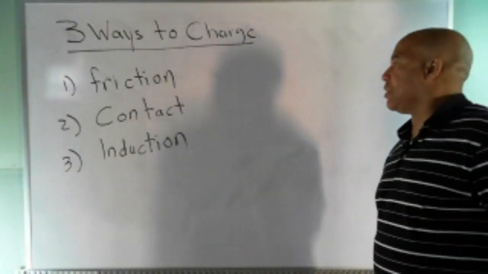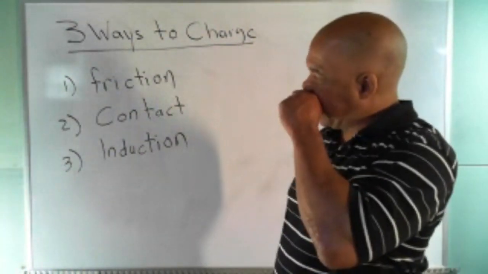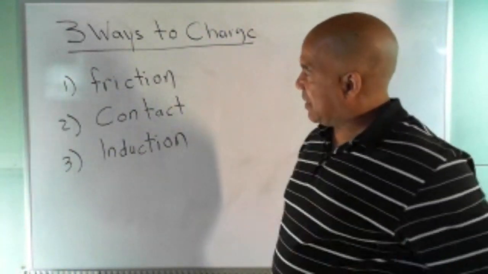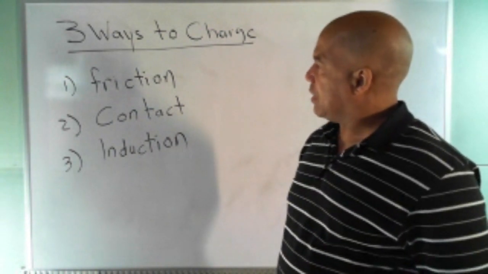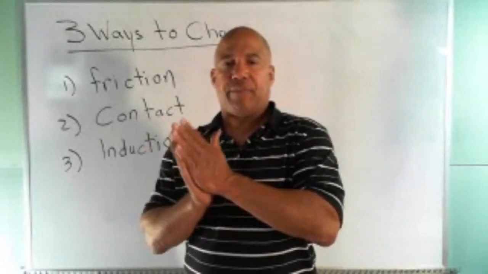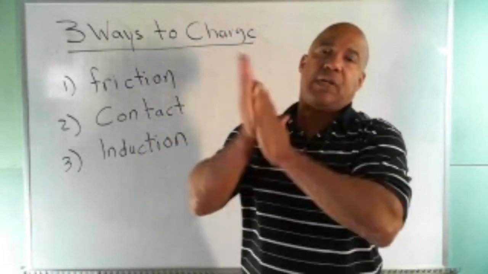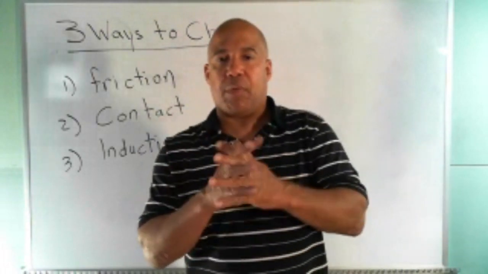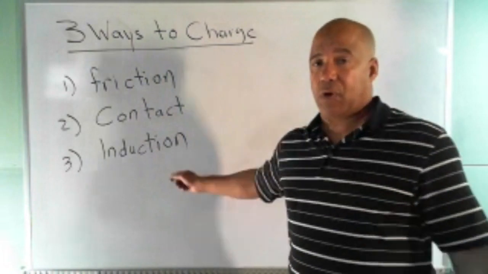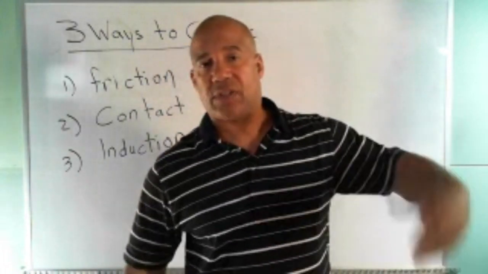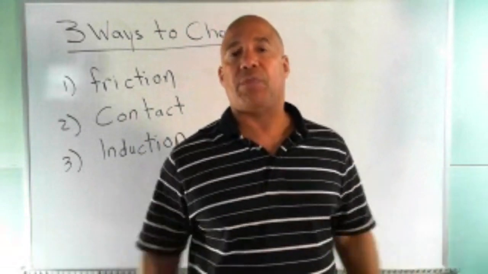Now, most people are familiar with the first one, friction. To get friction, you rub things together, right? So you know that maybe when it's cold outside, people rub their hands together to warm them up a little bit. You know that if I take a ball and I roll it down the hallway, eventually it's going to stop even if it doesn't hit anything because friction opposes motion.